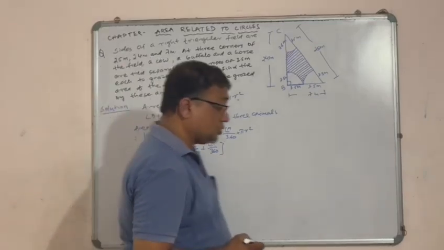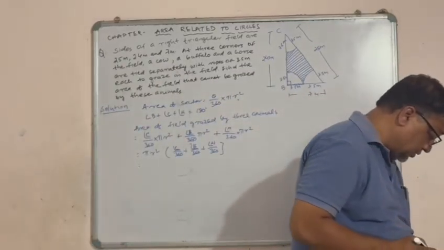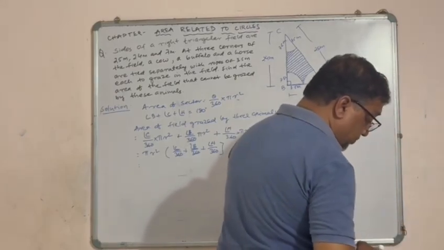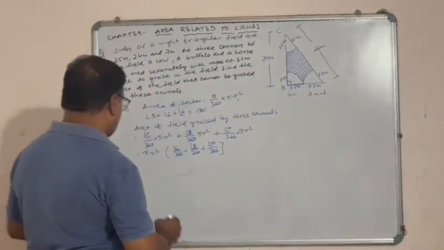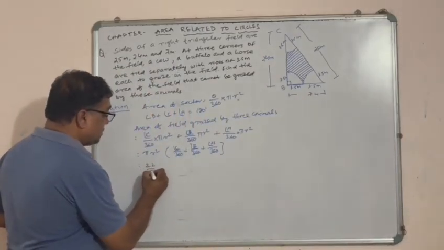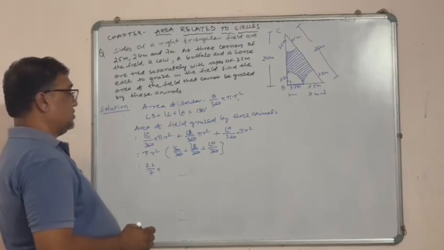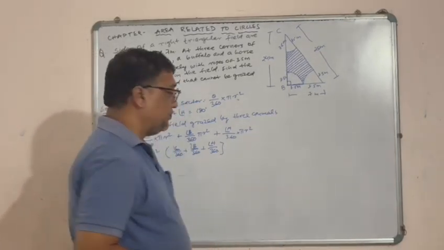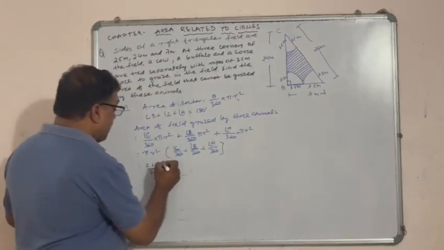Here in the question it is given that we will take pi as 22 by 7, and the radius is given as 3.5, so that will be 7 by 2.